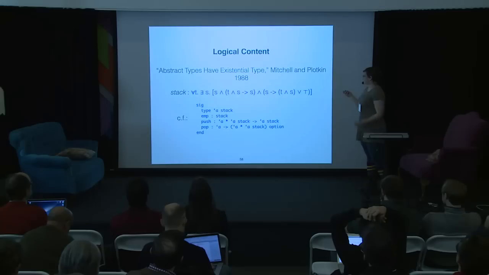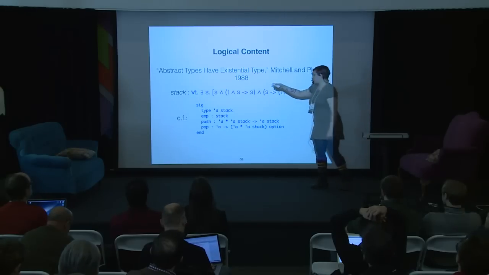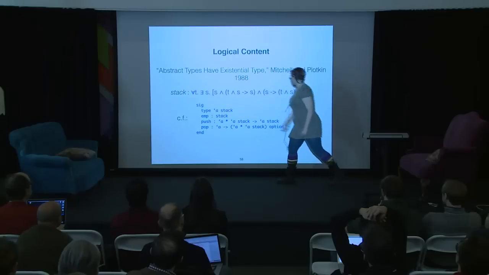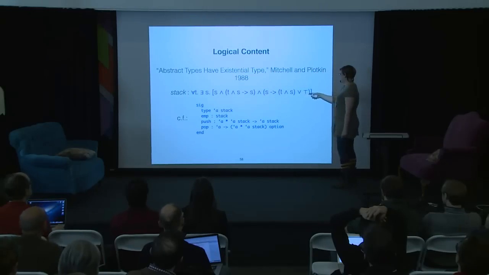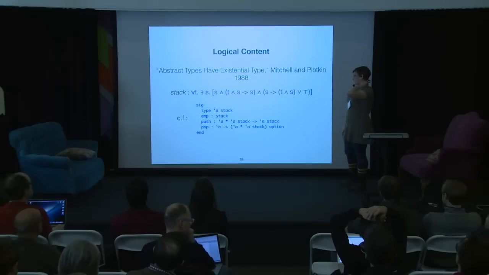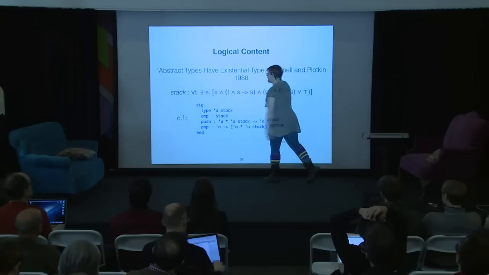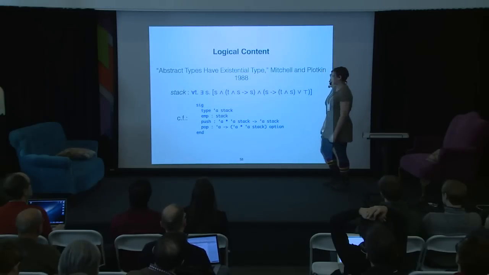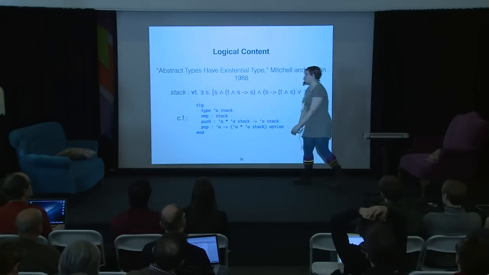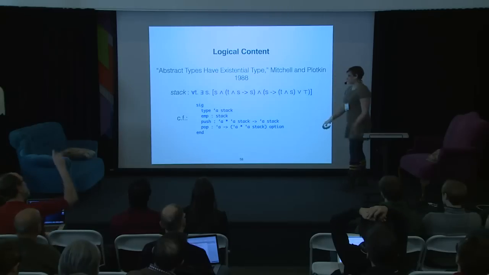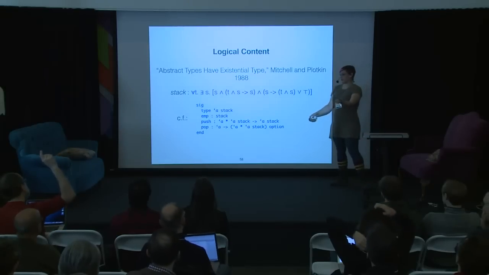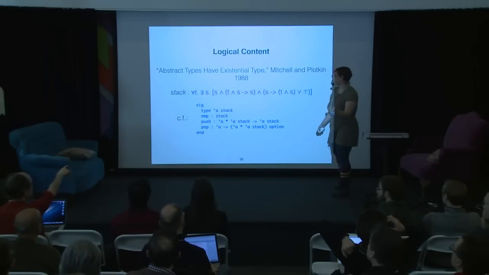You can see the logical structure here, using for all, exists, the logical notation for and, or, and the unit type. This says you can represent the stack type as something that parametrically quantifies over its element types, and then existentially quantifies over this stack type S, and then gives you an S.